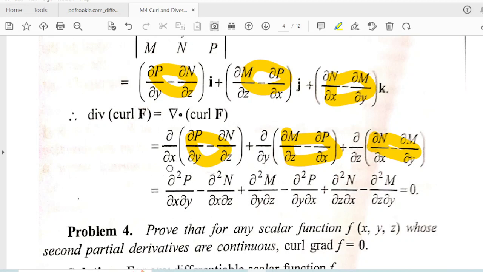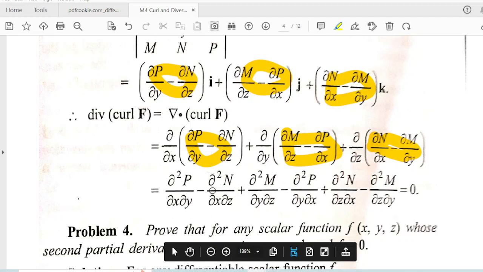So when you are opening the bracket, we get dou square p by dou x dou y minus dou square n by dou x dou z plus dou square m by dou y dou z minus dou square p by dou y dou x plus dou square n by dou z dou x minus dou square m by dou z dou y. So we can see that dou square p by dou x dou y minus dou square p by dou x dou y will be cancelled.